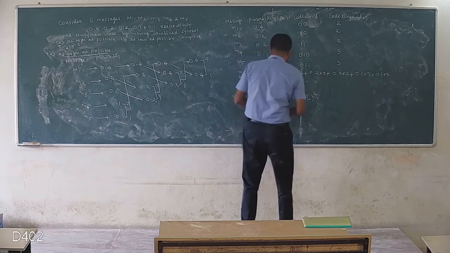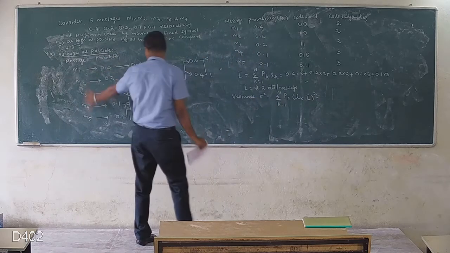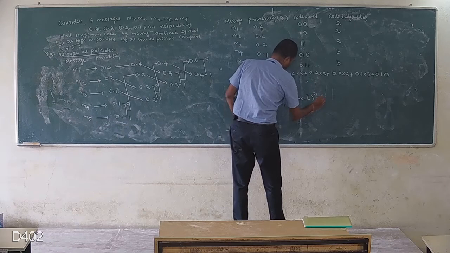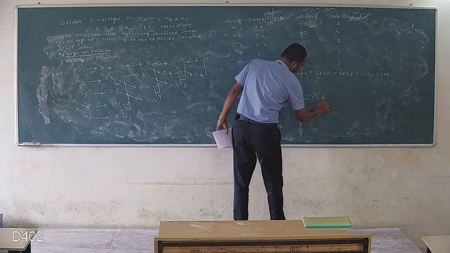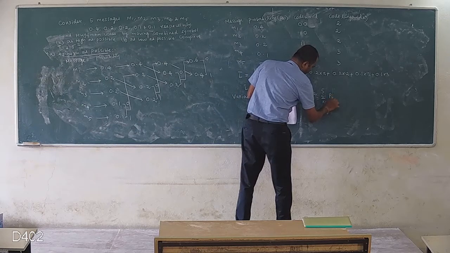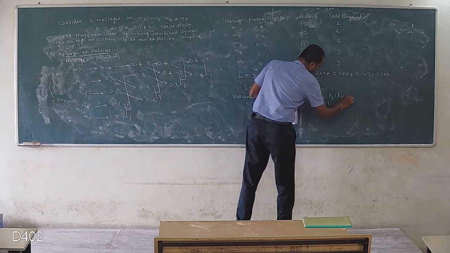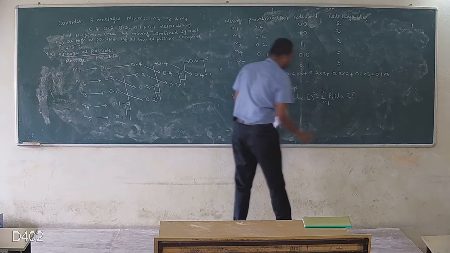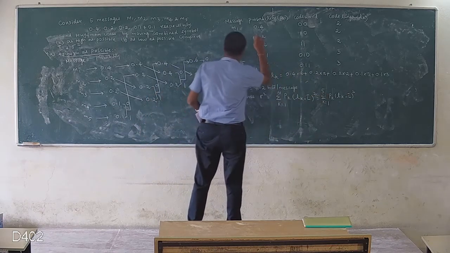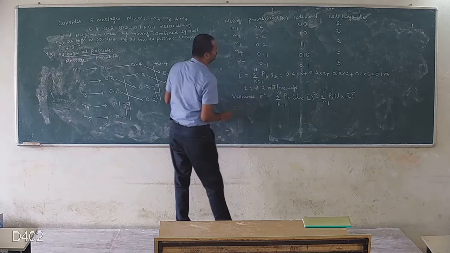If I substitute the values here, since n takes the value 1 to 5, so k is equal to 1 to 5, pk into (lk minus L bar) the whole square. We know the probability of occurrence and length of the code word.